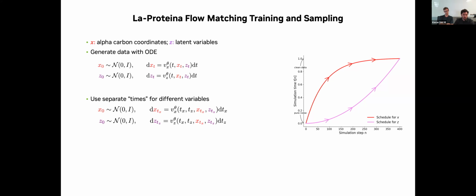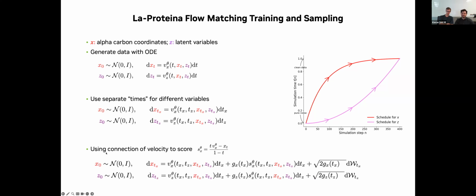Secondly, as I said before, this naive ODE sampling is not great. Using the connection between the velocity that we learned using flow matching and the score of the intermediate densities in a diffusion model, you can very easily prove that these two variables, the velocity and the score, are related linearly.